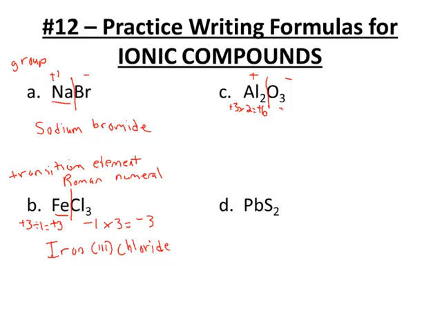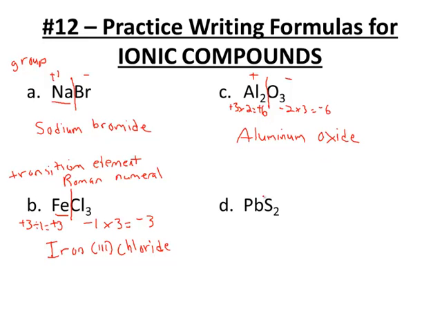Oxygen is a minus 2 times 3 equals minus 6, so it's already balanced. In the end, the name for it is just aluminum oxide. Again, not aluminum oxygen, aluminum oxide. The oxide tells us that it's already an ion.